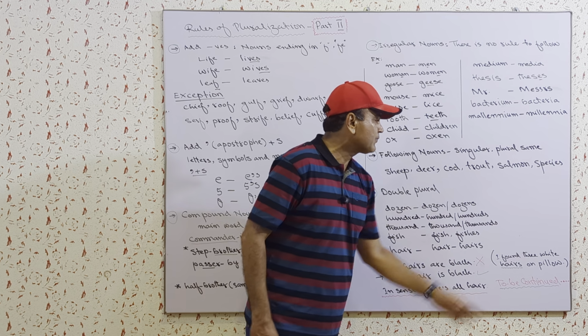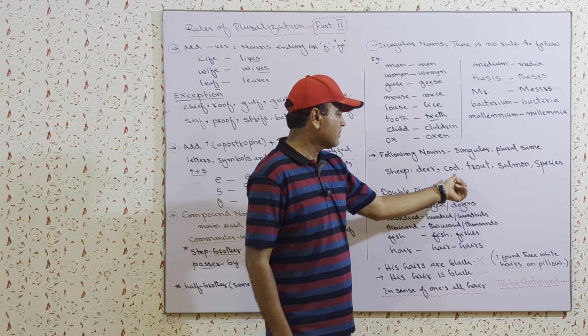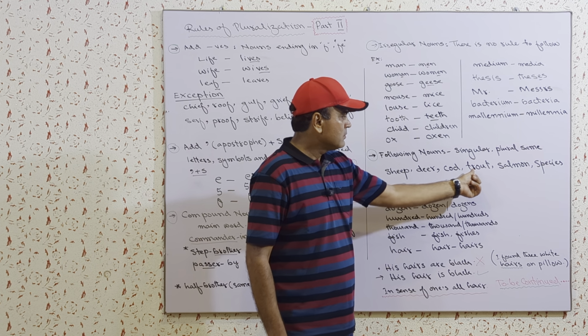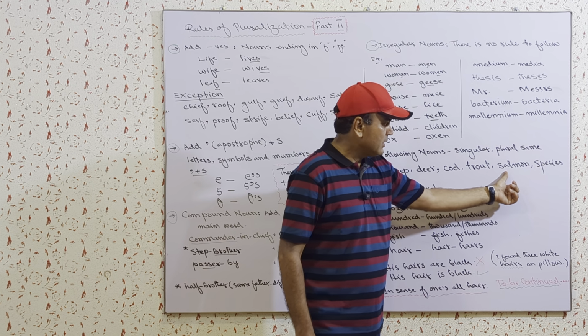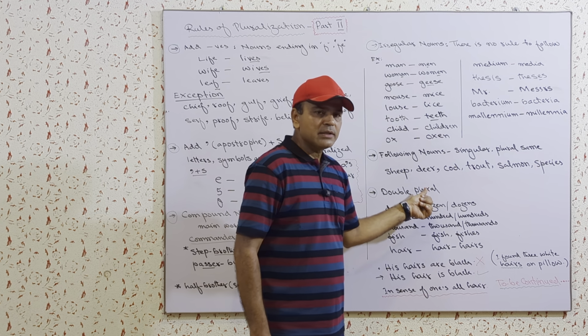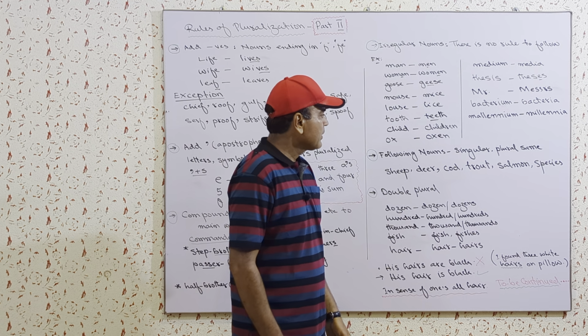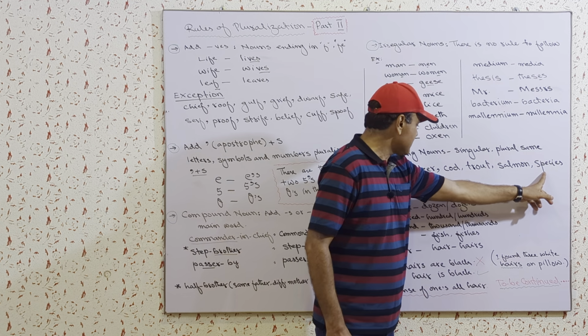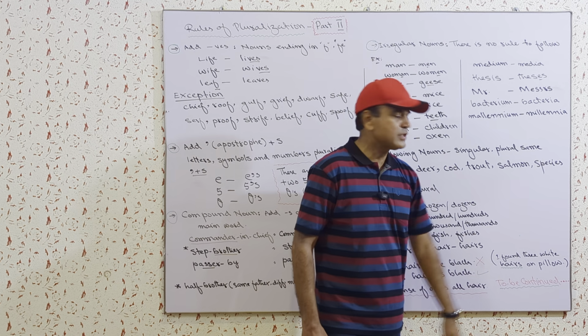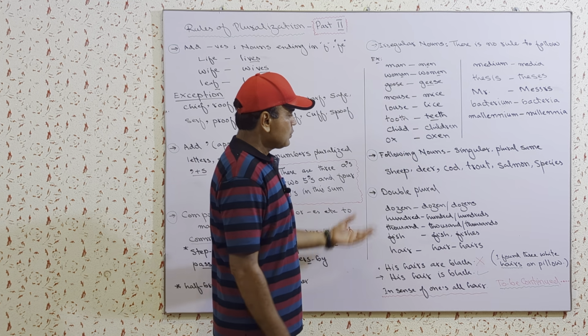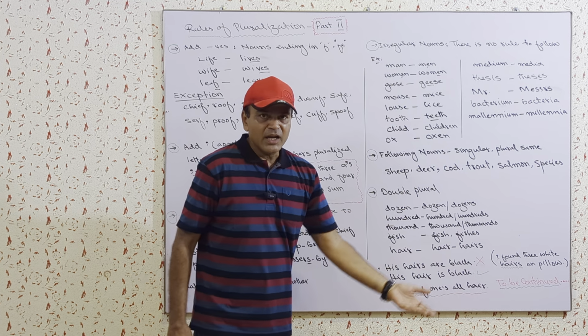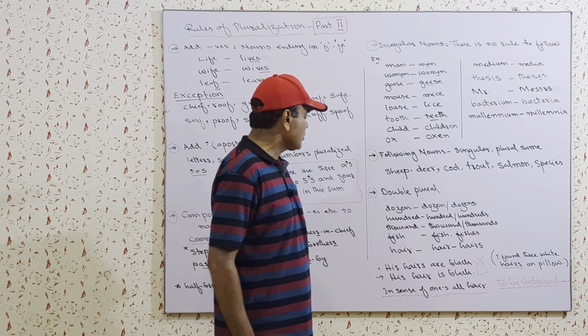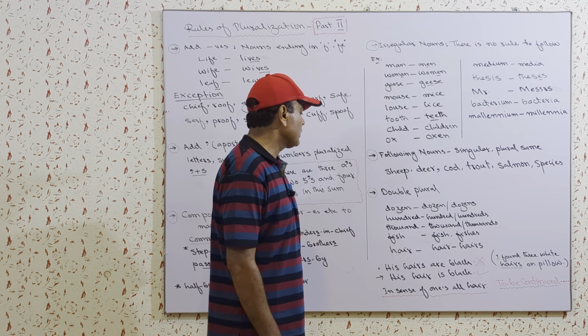And these are the kinds of fish like cod, trout, salmon. Their singular and plural are also the same. And then we have species, whose plural and singular are the same. So this is a group of words, and there are many others. You have to check them in the dictionary. Their singular and plural are the same.